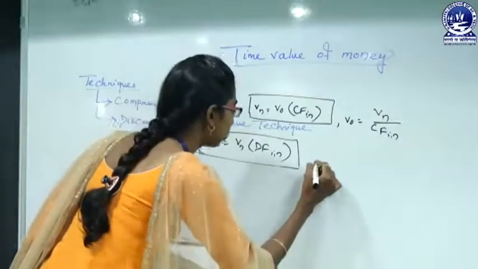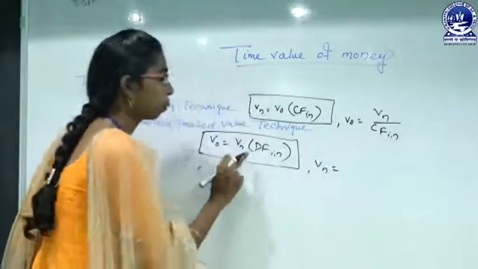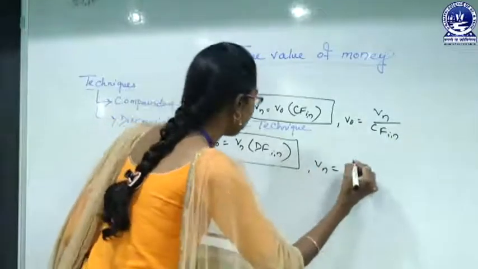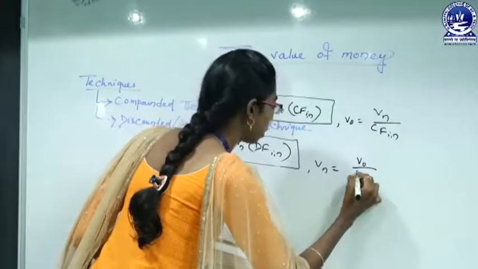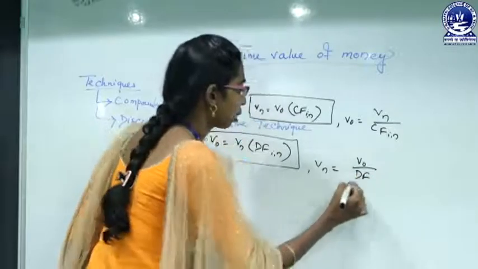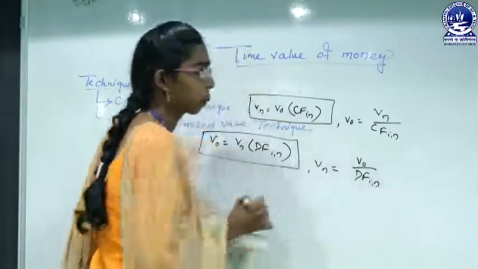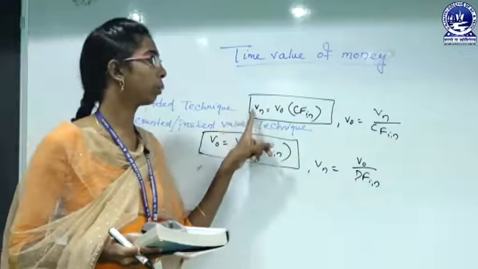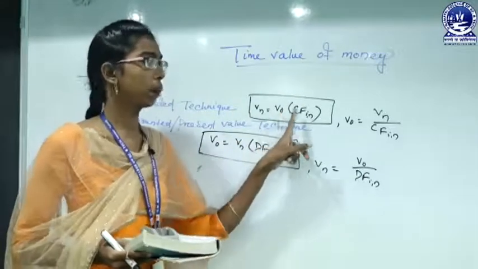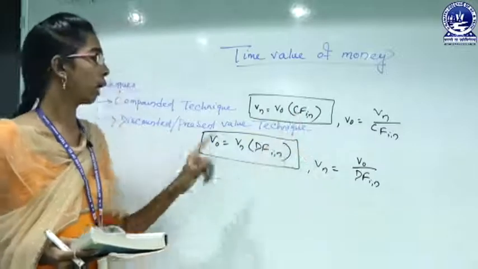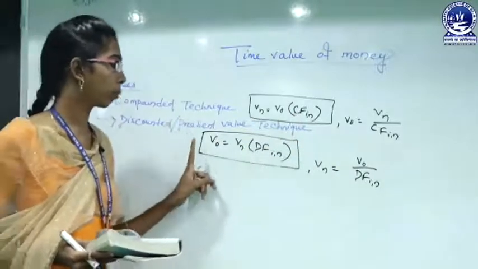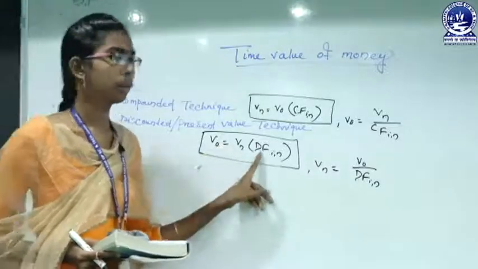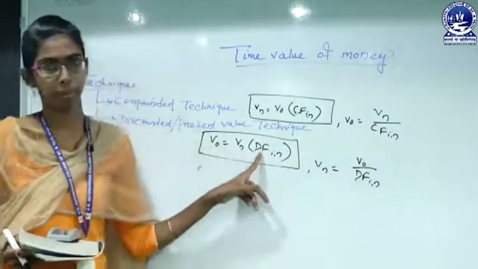Likewise, we can calculate Vn as V0 divided by the discounted factor of In. So we can calculate both Vn and V0 from the compounded factor table, and also the present value or compounded value from the DF factor table.